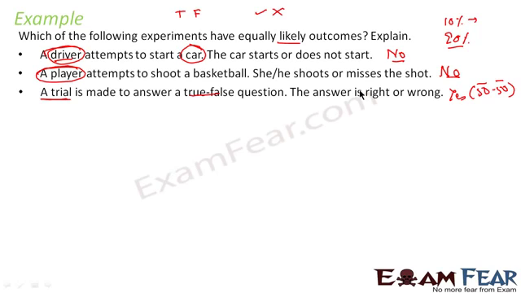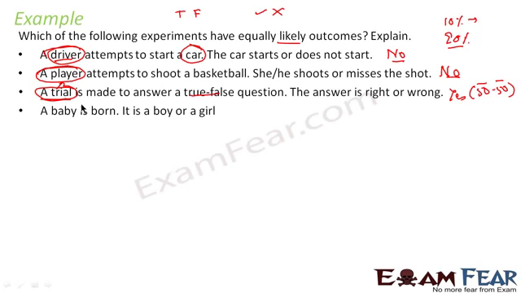If the student is a backbencher or not that good, the chances that he may give an incorrect answer are more. So in that case it depends on the quality of the student. But in this case the question clearly says it's a trial. Just a trial is made without even looking. We are just giving true or false. Then in that case it is 50-50. Correct? Because here in a trial we are just blindly giving true or false.